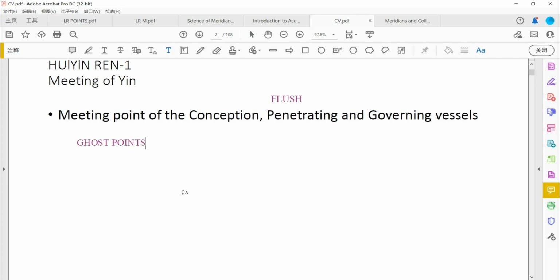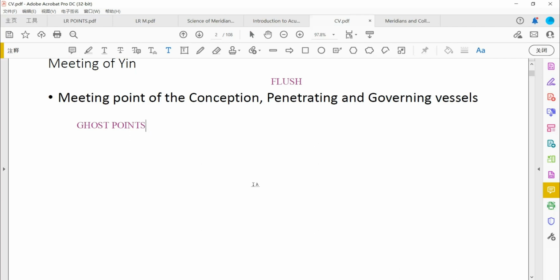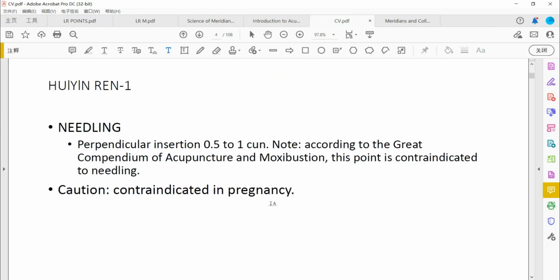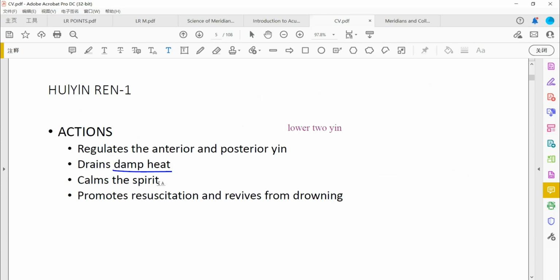There will be mental problems. So we can use the ghost points, and this one is one of the ghost points. So it can be good for the mental problems, calm the spirit, heart, mind.